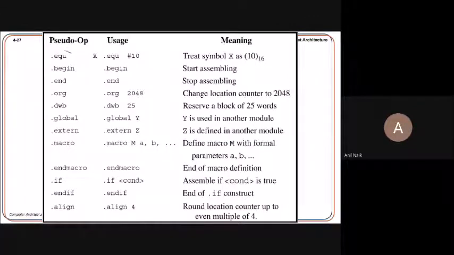Here .equ treats the symbol x as equal to 10. .begin starts the assembling, .end stops the assembling, and .org changes the location counter to the address 2048. .dwb reserves a block of 25 words. .global declares y and z as used in another module, some global variable declarations. .macro defines a macro operation with formal parameters, and .endmacro ends the macro operation. Then .if condition and .endif.